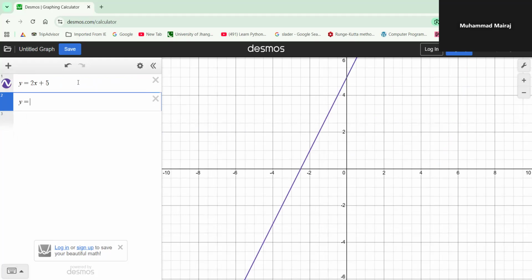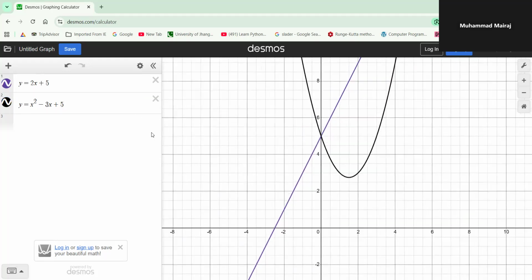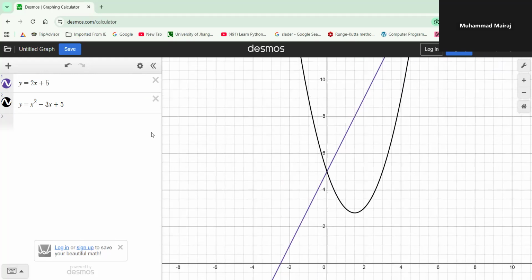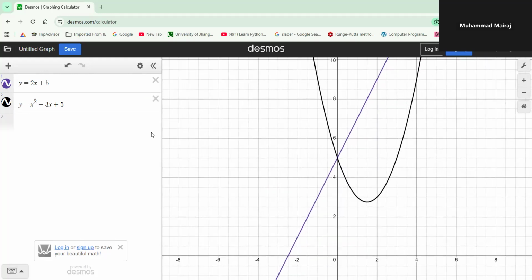And then y equal to x squared minus 3x plus 5. Okay, so we have two equations. One is the equation of a straight line, and another one is the equation of a parabola, as you can also see from the graph here.